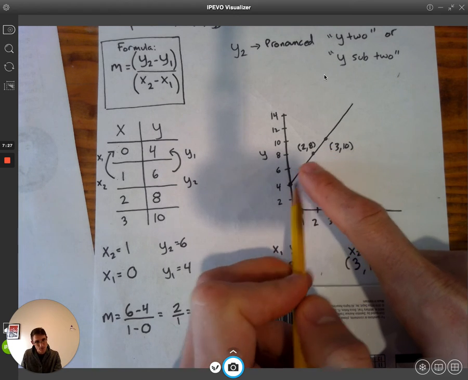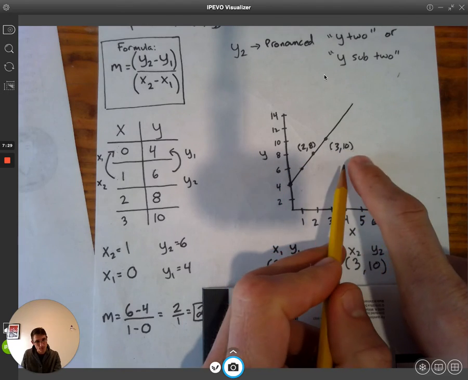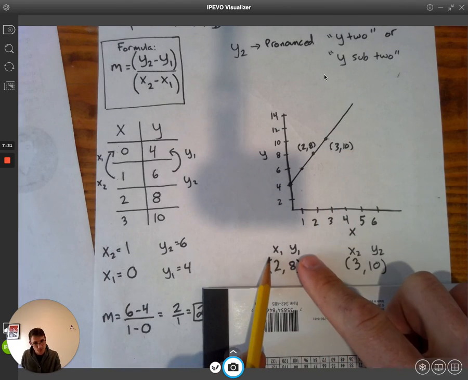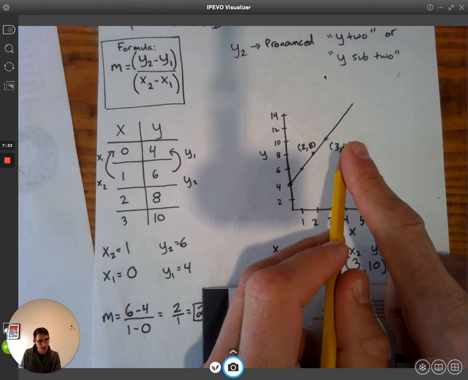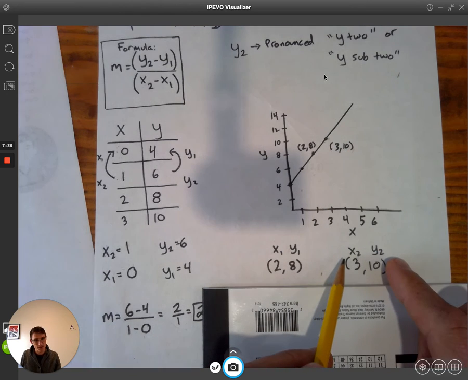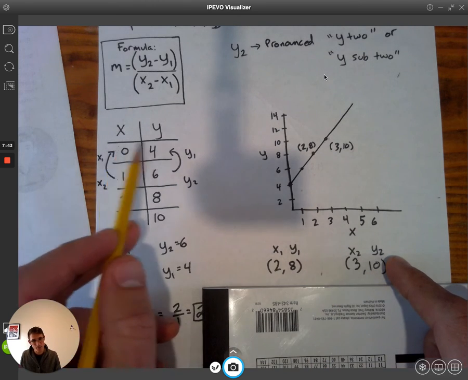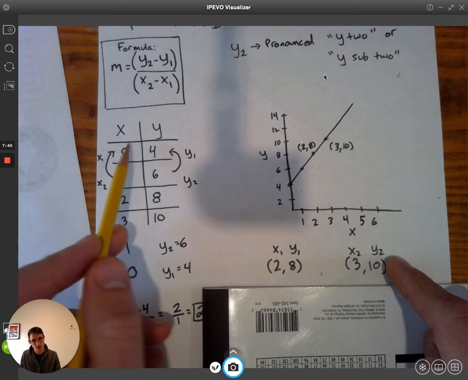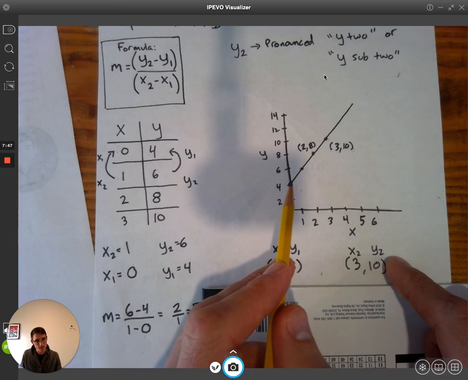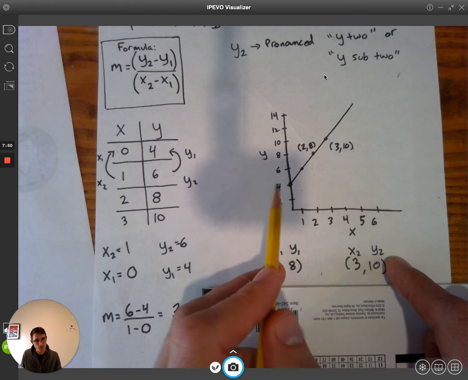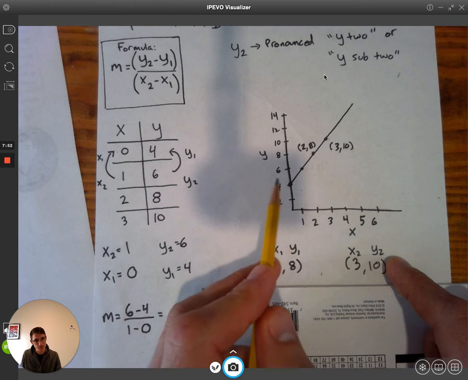Whatever one comes first, going from left to right, that's going to be the first position, and then whatever comes next will be the second position. I want to make sure that's super, super clear, right? So just like here, whatever comes first in the order, that's the first position. Whatever point is first when you go farthest to the left, that's going to be your first position.